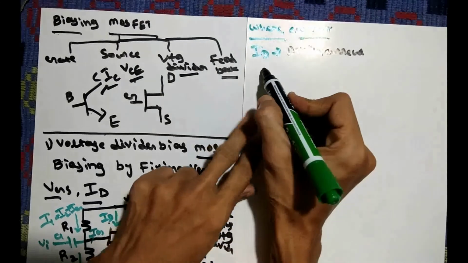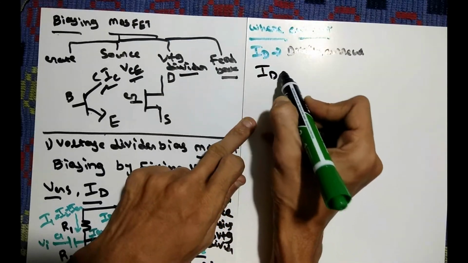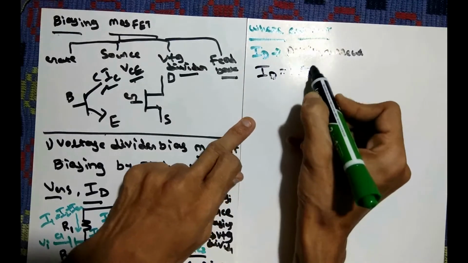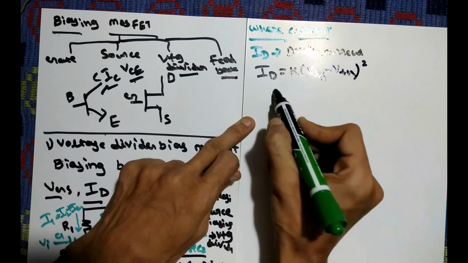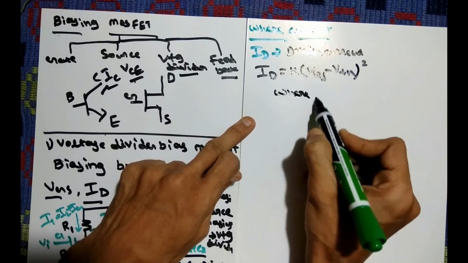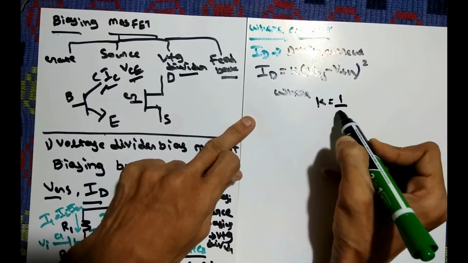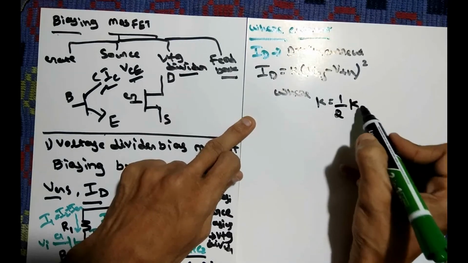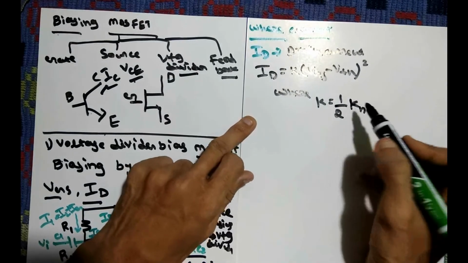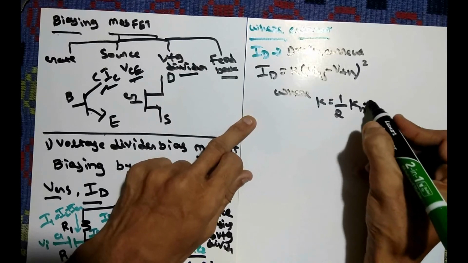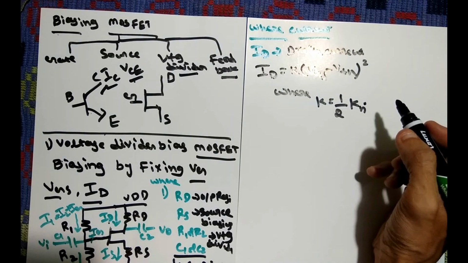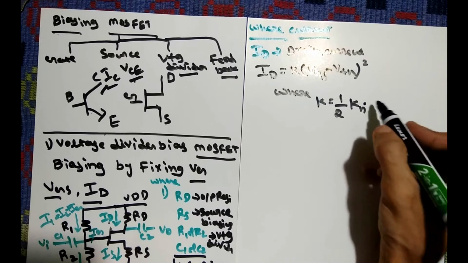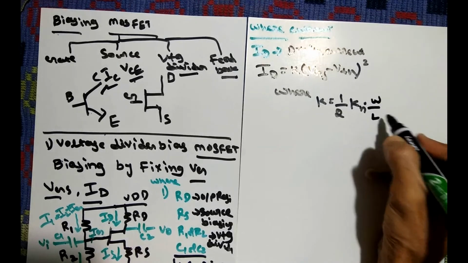We usually use the formula ID is equal to K into (VGS minus VTH) whole squared, where K is a constant term, equal to 1 by 2 Kn into W by L. N means it is an N-channel device. W by L is the width and length of the device.